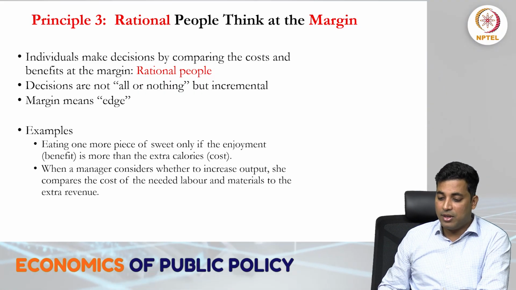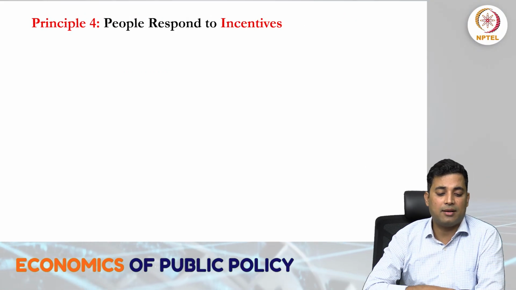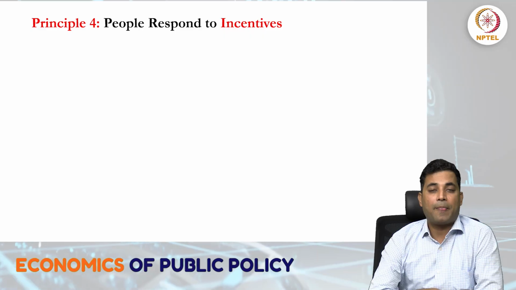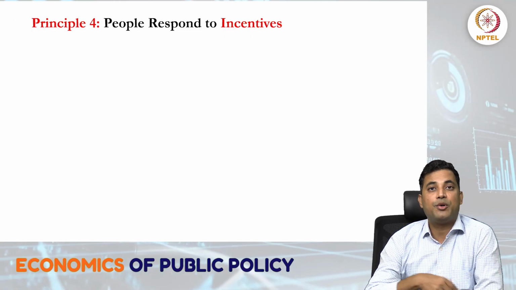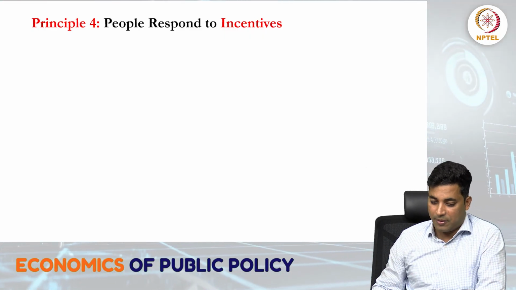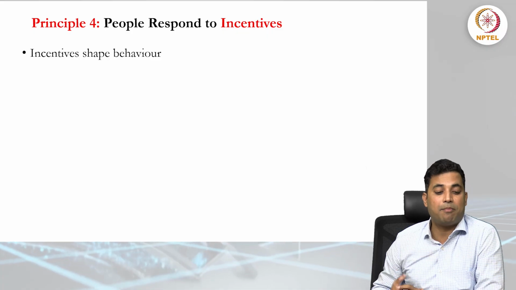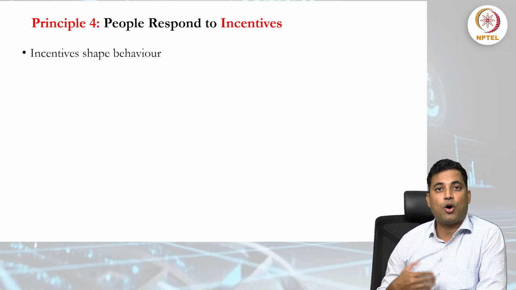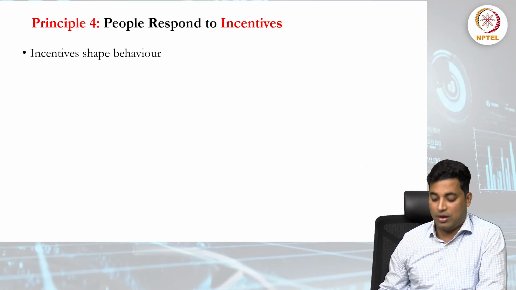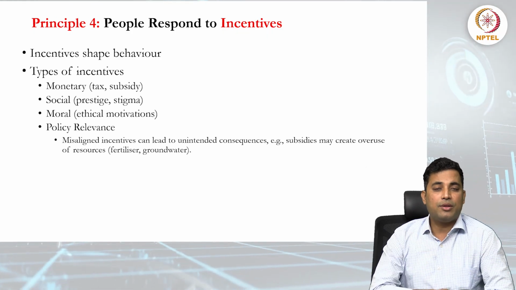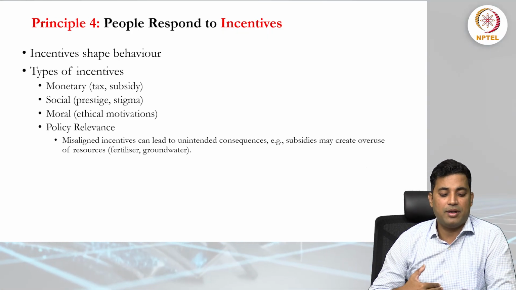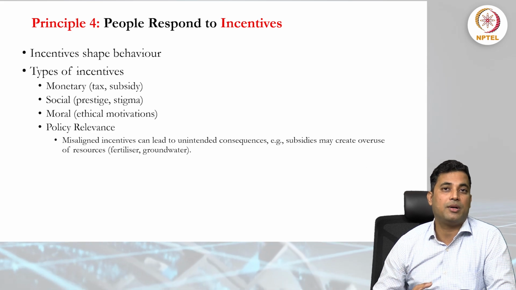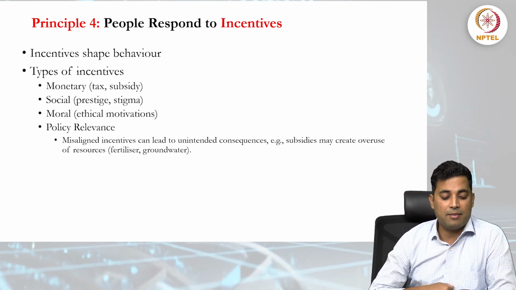Now moving to the next principle, which is incentive: people respond to incentives. Incentives shape behavior. My behavior will change not always based on price, but also on incentives. These are different types of incentives that I have listed.